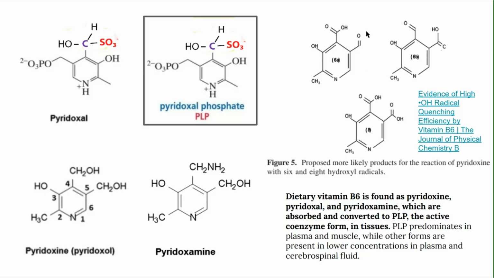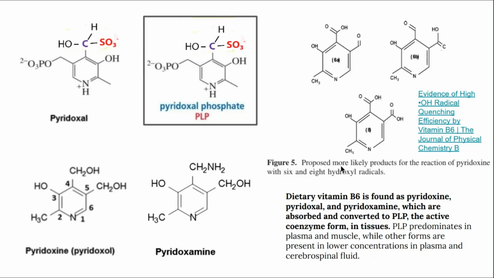Do you see how many hydroxyl radicals can bind to B6? And so they proposed that pyridoxine, which is very similar to these other forms of B6, can quench up to 6 to 8 hydroxyl radicals at a time.